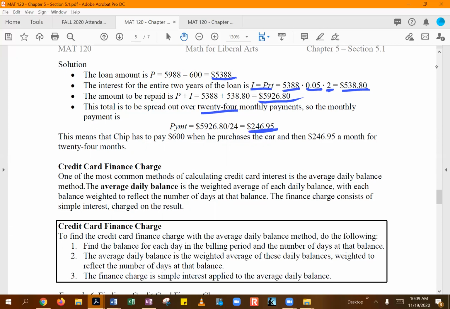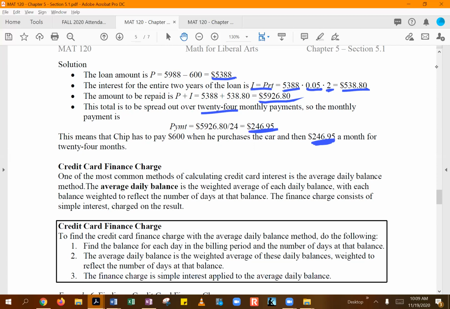So that's going to become his monthly installment. As far as the calculation goes, it's very similar to what we were looking at last time, but here the payment amount will stay the same as he makes these payments over this 2-year period.